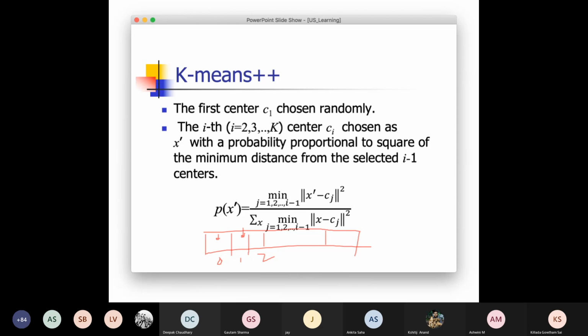You can generate a random number and find out at which point it falls. You keep the elements in a particular order, compute the cumulative probability distribution, and see where the random number crosses, and select that element.